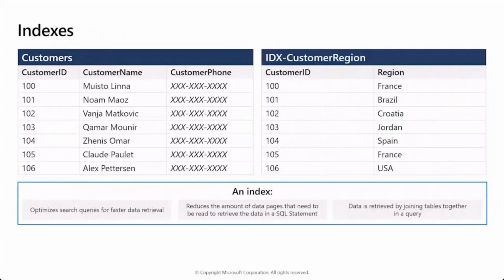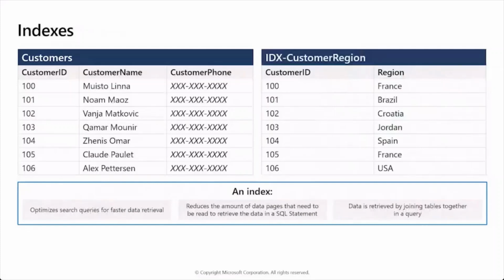And so when a user runs a query that specifies this column in, say, for example, the WHERE clause, the database management system can then use this index to fetch the data much more quickly, instead of having to scan through all the tables in the entire database row by row to find that information.